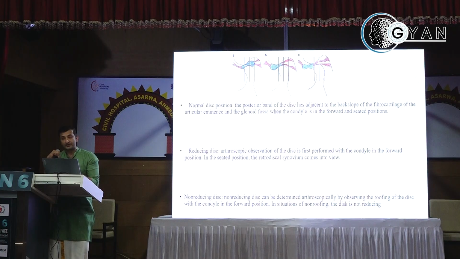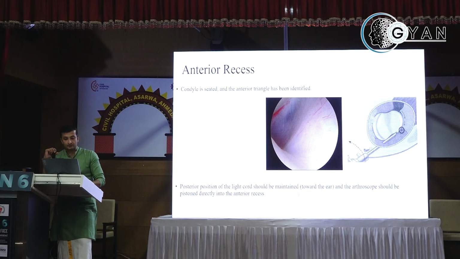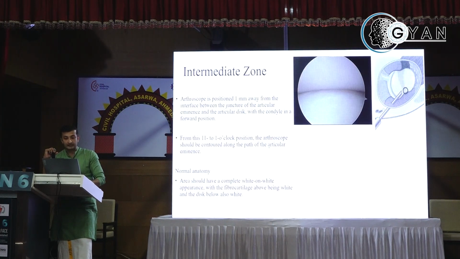And in a non-reducing disc, you will never see the disc because it is completely anterior and not reducing. Now the intermediate zone is the thinnest part of the disc. Even in that region, the disc can get thinned out and you may see a small radiolucency.